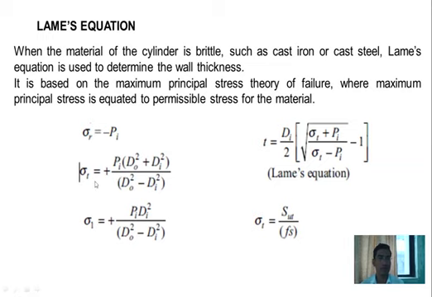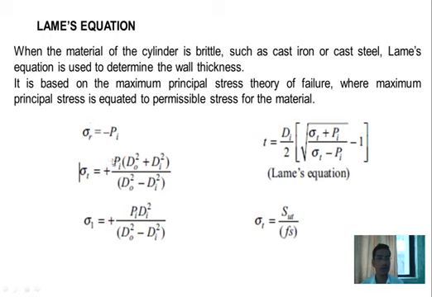The tangential or hoop stress is the stress acting along the circumferential direction of the cylinder. It is equal to positive pi times (Do square plus Di square) upon (Do square minus Di square), the difference between the squares of the outside diameter and the inside diameter of the cylinder.